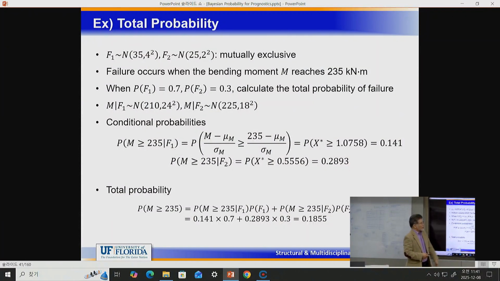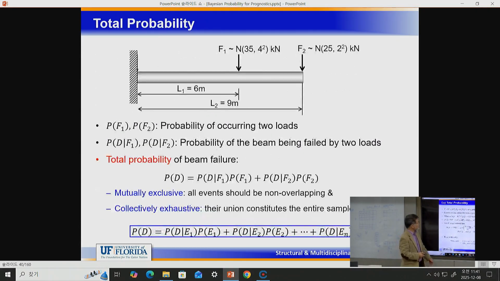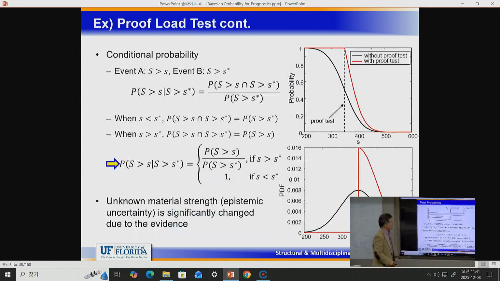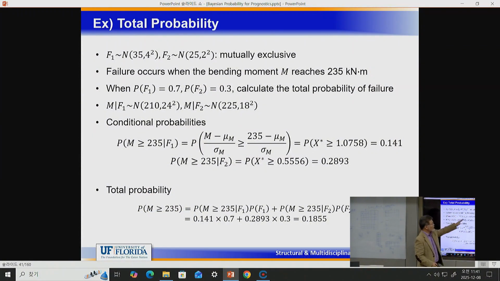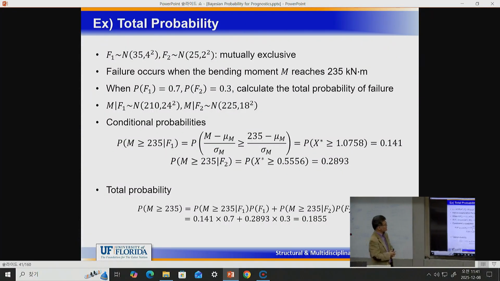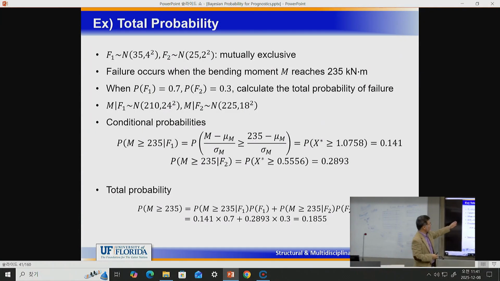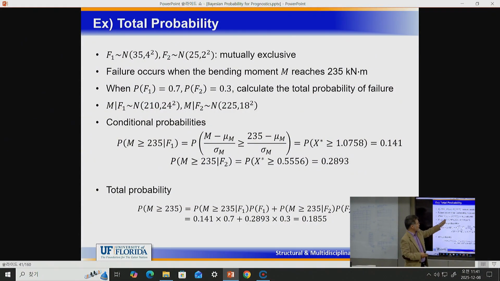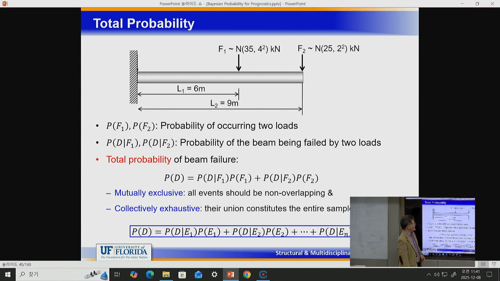Failure occurs when the bending moment M, which is the force times distance, is greater than 235 kilonewton-meters. So the unit is force times distance. P(F1) is 0.7, P(F2) is 0.3. Then let's calculate the total probability. The bending moment for given F1 is the force times the distance, and the bending moment for F2 is the force times the distance.